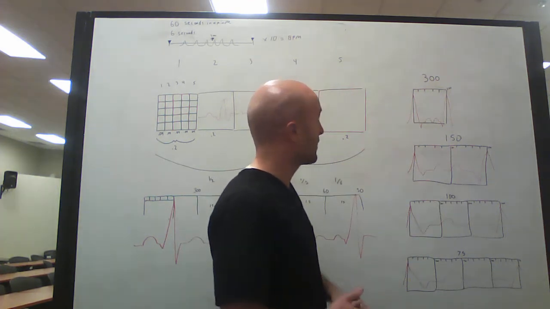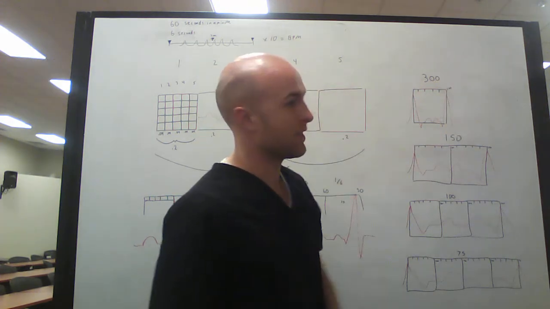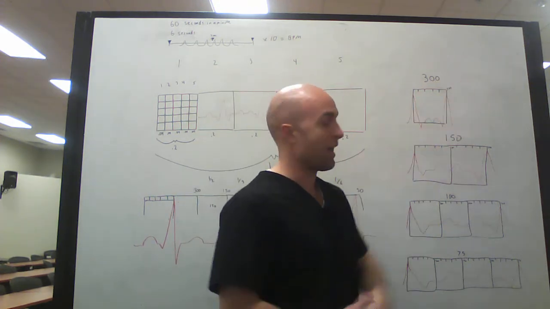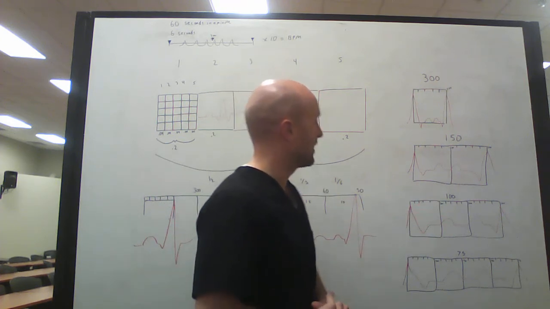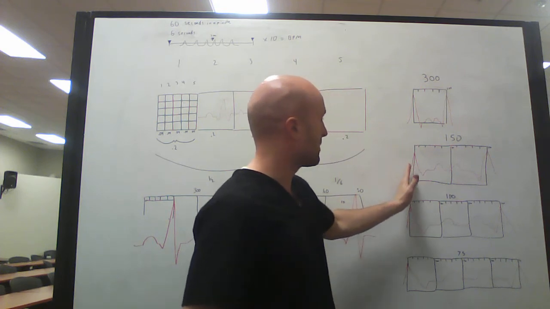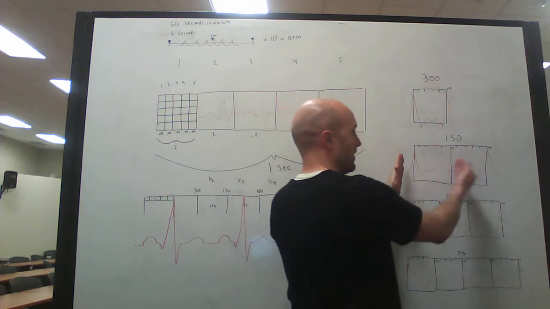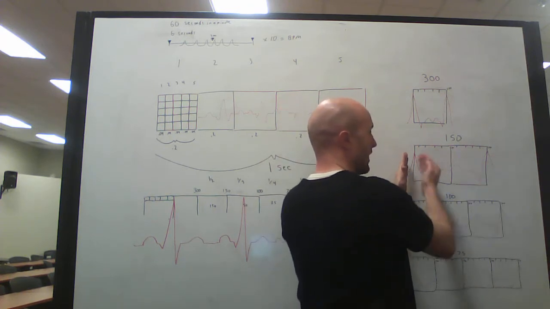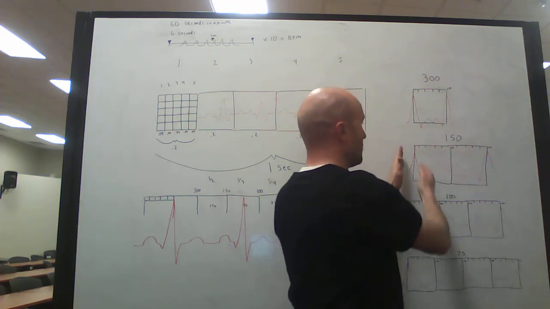If you were to calculate that out over the whole 60 seconds, you would count 300 beats per minute, which is off the charts. That's ridiculous. So then, how many beats are going to occur within a minute if the waves are 2 boxes apart?